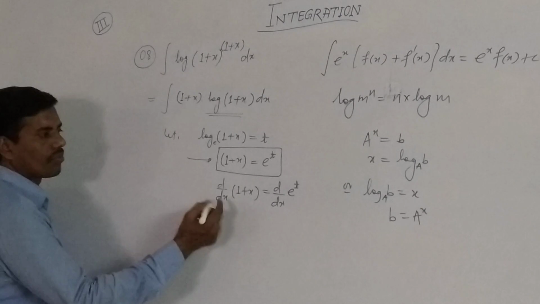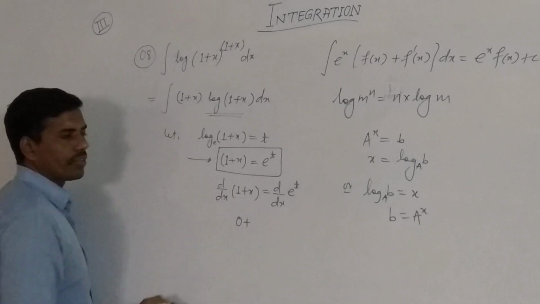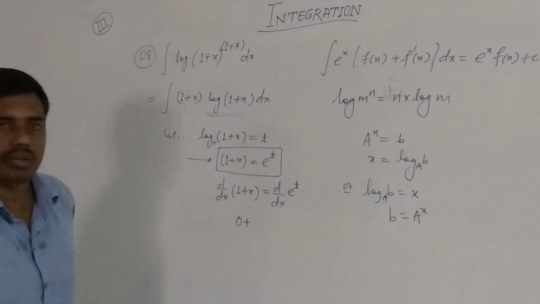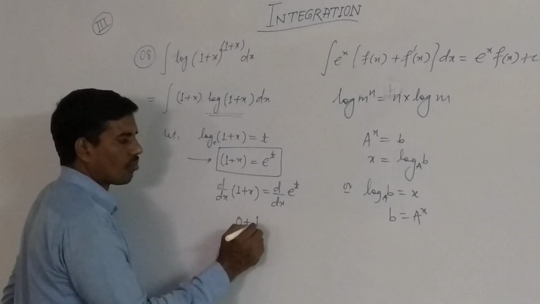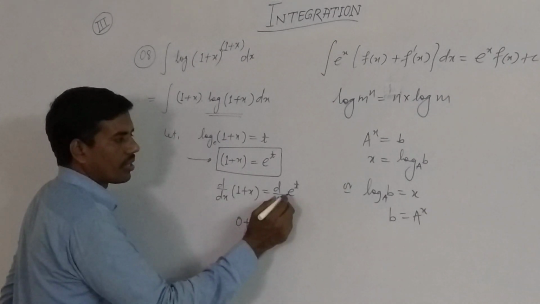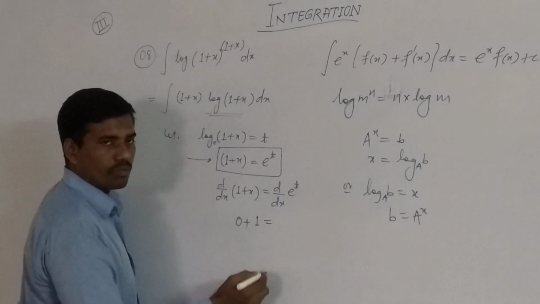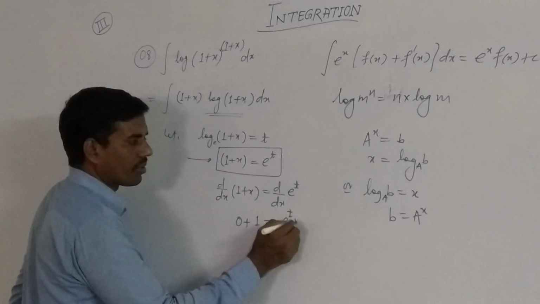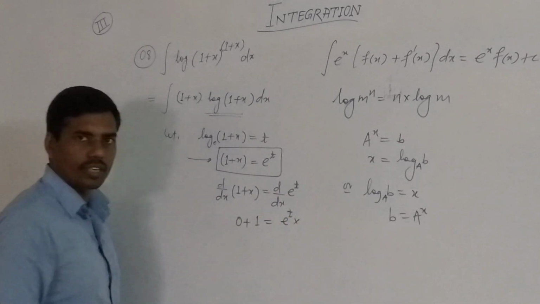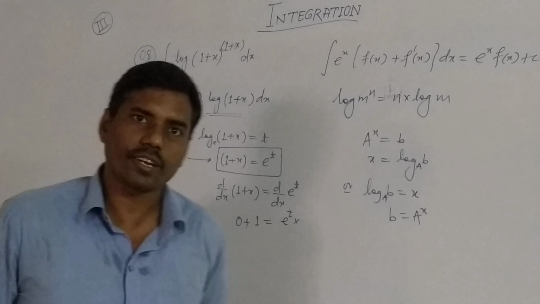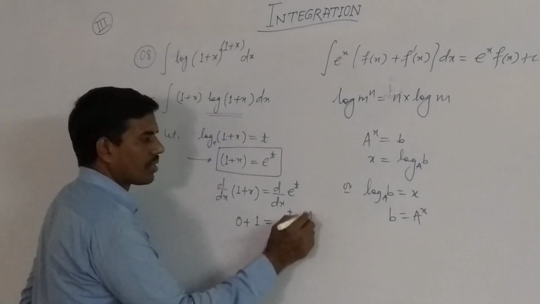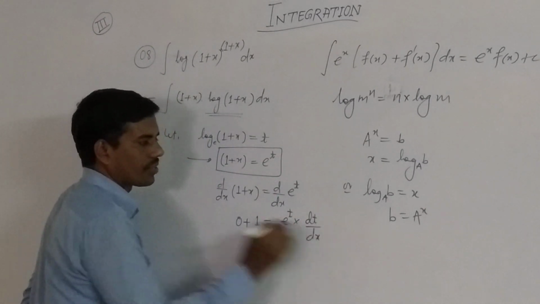The derivative of 1 is 0 and the derivative of x with respect to x is 1, which is equal to e to the power t times the derivative of t with respect to x, that is dt by dx.